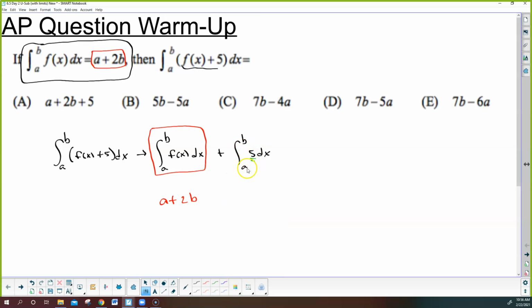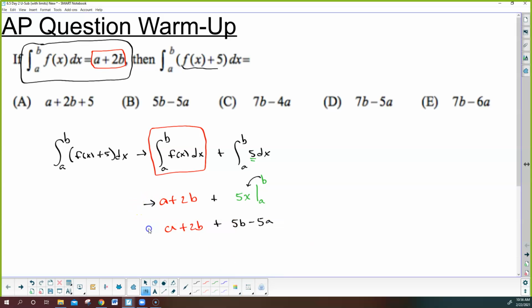So I'm thinking, whose derivative gives me 5? Right? Well, that's 5x. And then I'm going to evaluate that from the upper bound minus the lower bound. And we're going to just add those together. So if I plug b in first, I get 5 times b minus 5 times a. And then we get a plus 2b dropping down.